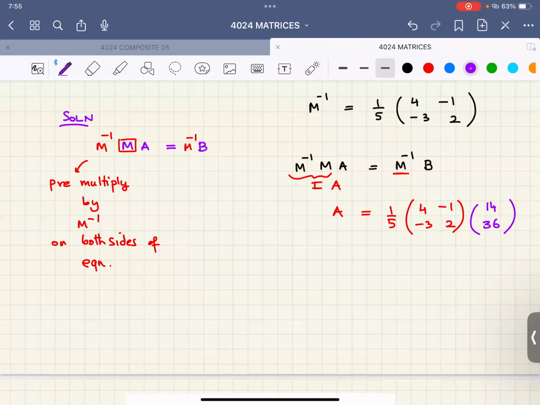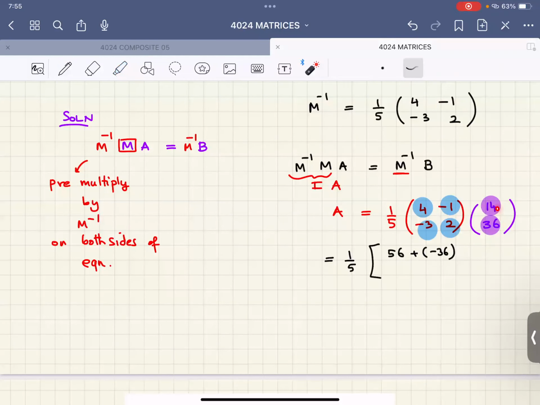And let's multiply it out. So this is 4 and negative 1. It's multiplying with 14 and 36. So therefore, 1/5 is on the outside. 4 into 14, that is 56. Minus 1 into 36, that is negative 36. This is one element. And then let's move to the next row. That is -3 and 2 multiplying with these two.